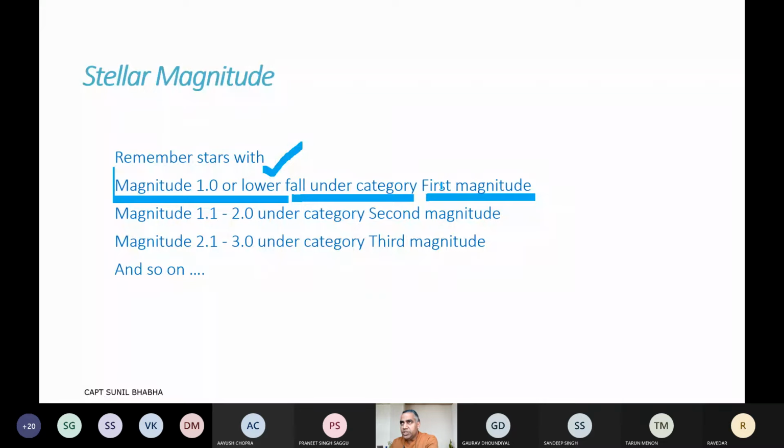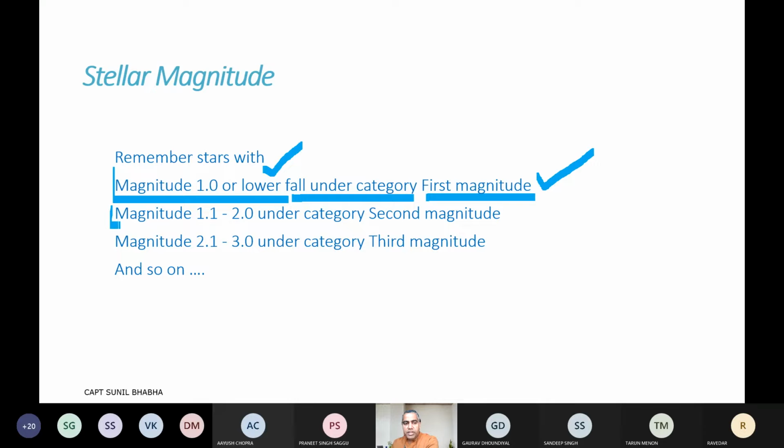So if you pick up a star from the almanac and its magnitude is either 1.0 or any value lower than this, it could be 0.9, it could be 0.0, it could be in the negative range also, minus 1.0, minus 2.0. Anything equal to or less than 1.0 will fall under the category of first magnitude star.